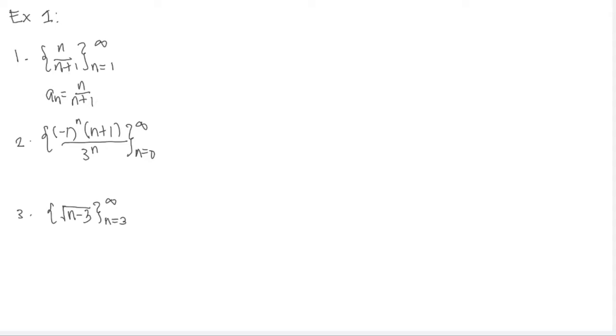So that's 1 half. Next is n equals 2, so that's 2 over 3. Next is 3 over 4. Next is 4 over 5 and so on. So you already have an idea of the next terms. So that's your sequence.